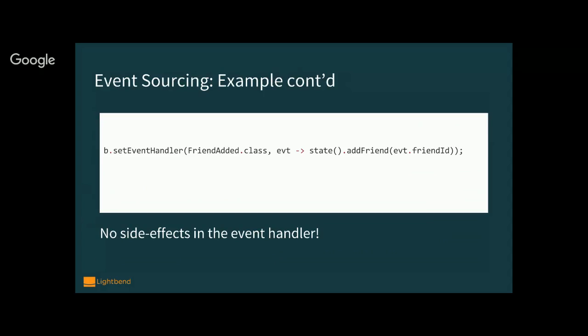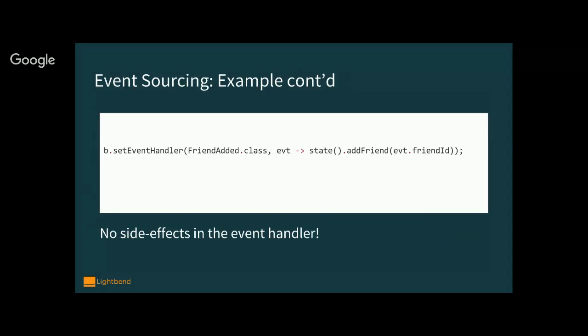And in this particular one, there are no side effects, as you're just updating the state. After you've updated your state in an event handler, you might have a side effect by perhaps sending a message somewhere else or whatever. But in this particular example, you don't.